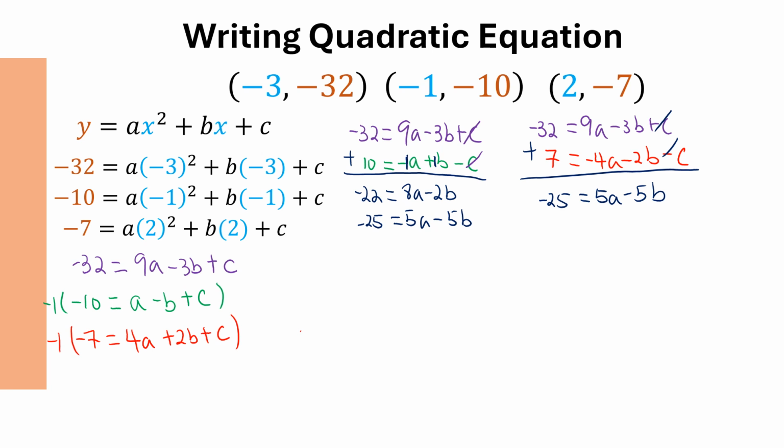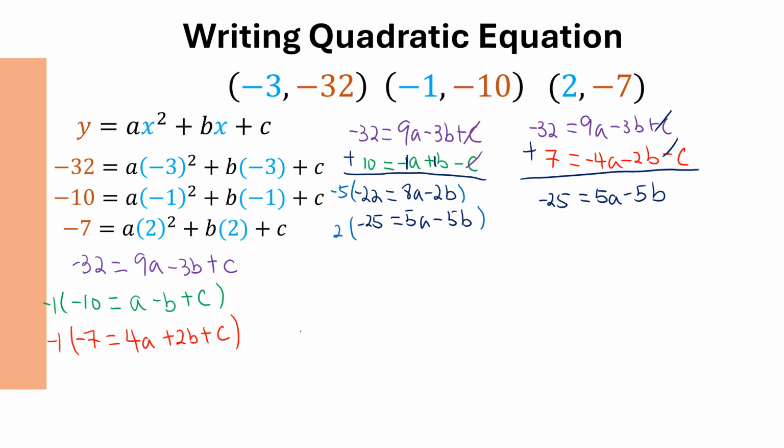I'm going to multiply the top equation by negative 5 because I want to make the top equation positive 10b. And then the bottom equation, I'm going to multiply by 2 because I want a negative 10b. It doesn't matter if you want the top to be negative or the bottom to be positive, as long as the signs are different so that when you add them together, it gives you 0. So now I'm going to distribute everything by negative 5.